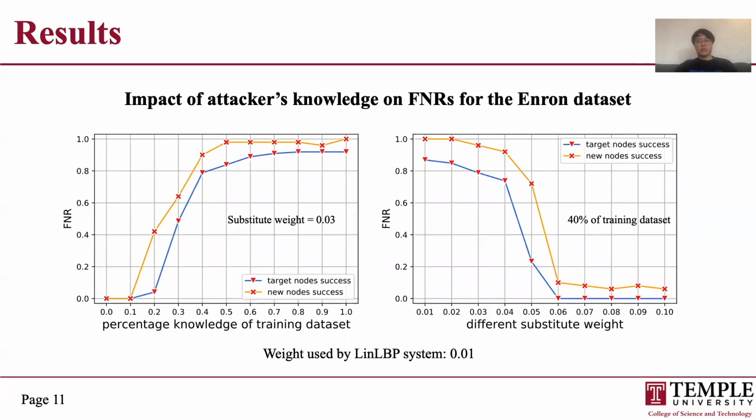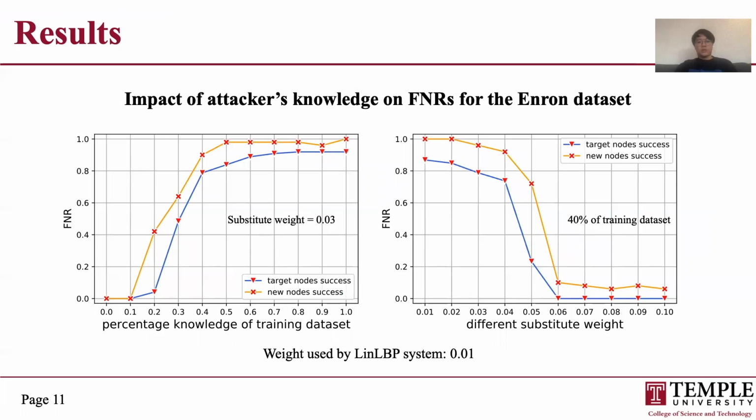The previous results were obtained when the attacker has full knowledge of the linear LBP system. Next, I'm going to show the results obtained when the attacker has the least knowledge, which means the attacker does not know the exact weight or have the complete training dataset. So the attacker can only use a substitute weight and a partial training dataset to launch the attack.